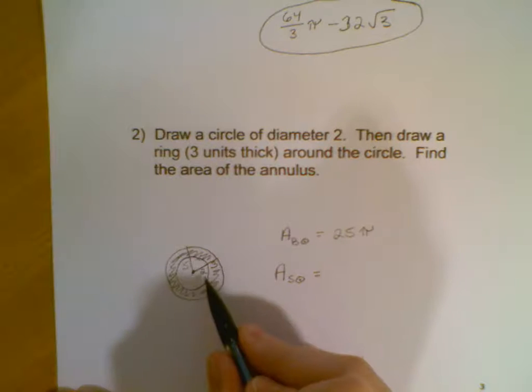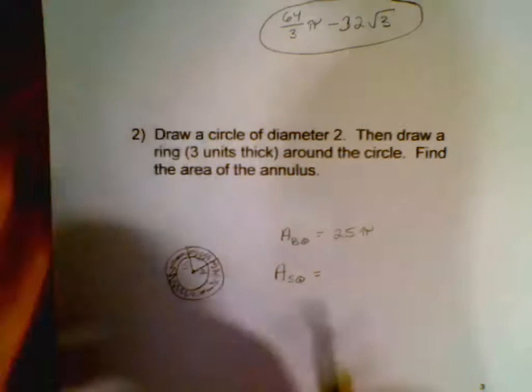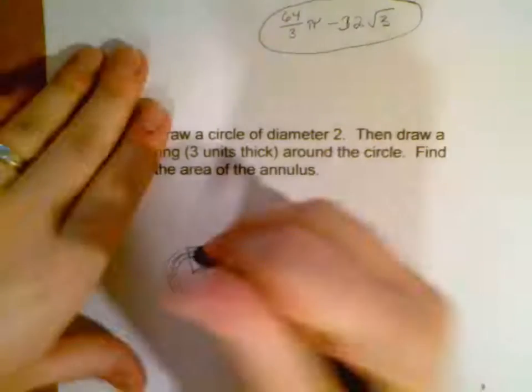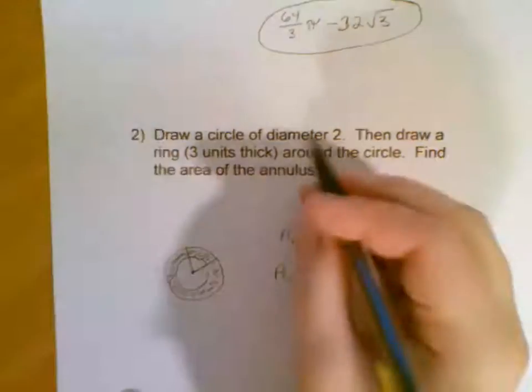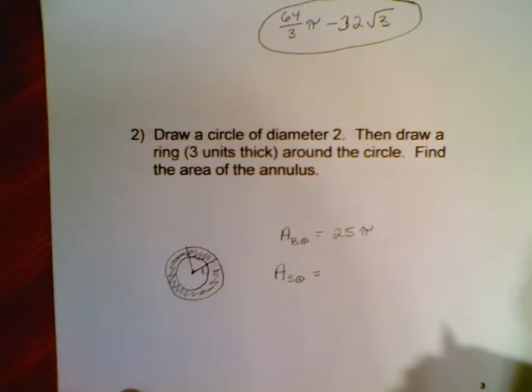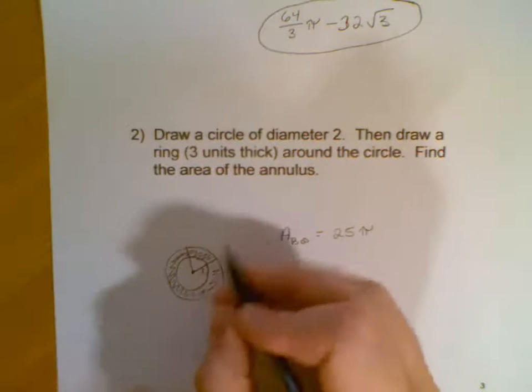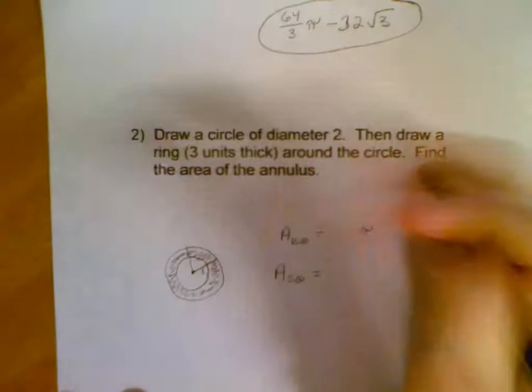And then the small circle has a, oh shoot, this says diameter. Good grief. Okay, so it's a diameter of 2, which means that this is 1, and then 3 units thick, so that's still 3. So this actually should be 16.